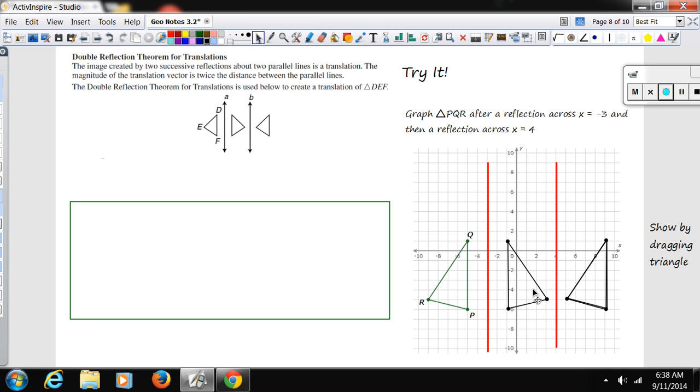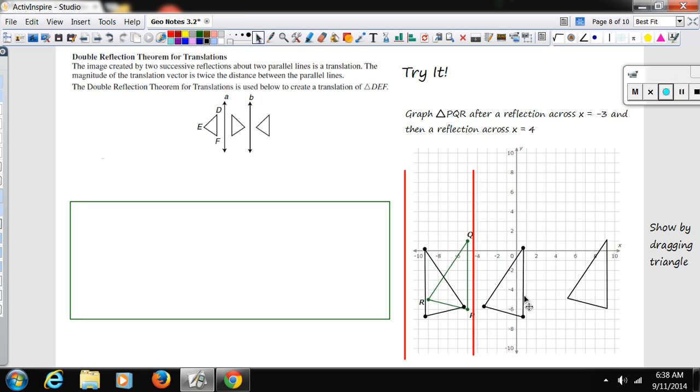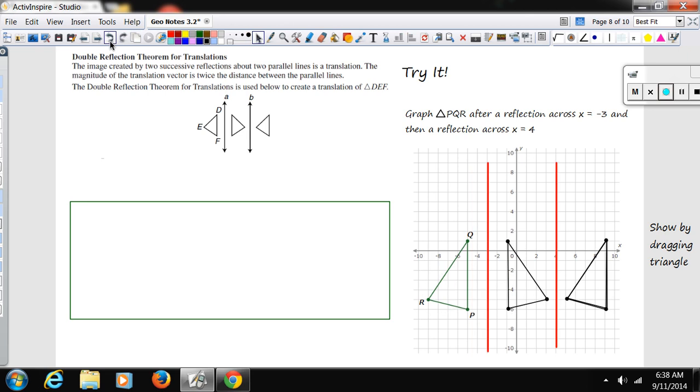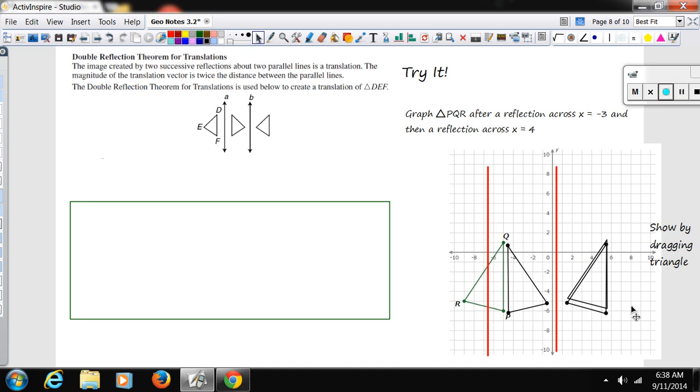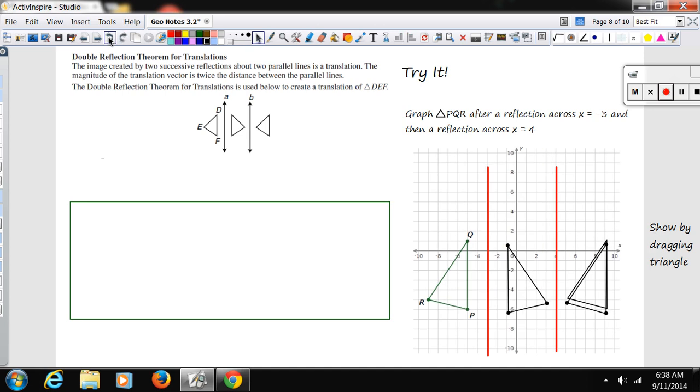It would have been straight over horizontally, however many units to the right. So that would have been a translation. This triangle got translated. When you flipped it twice, it actually got translated.